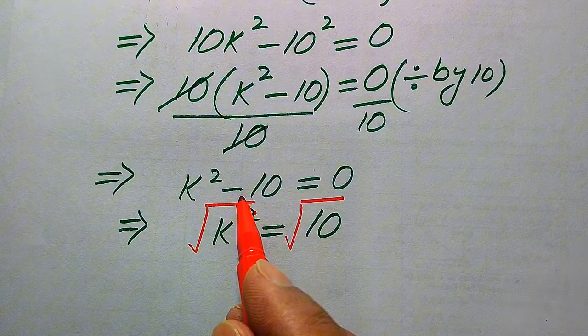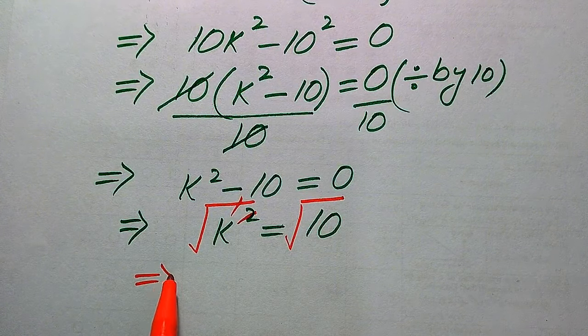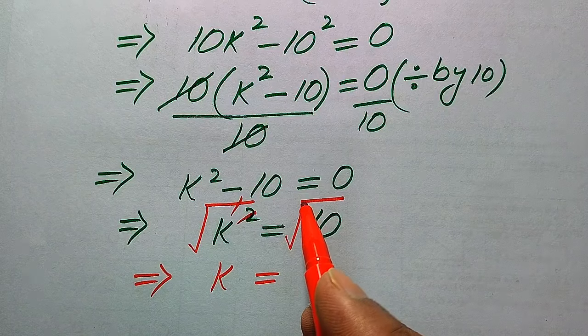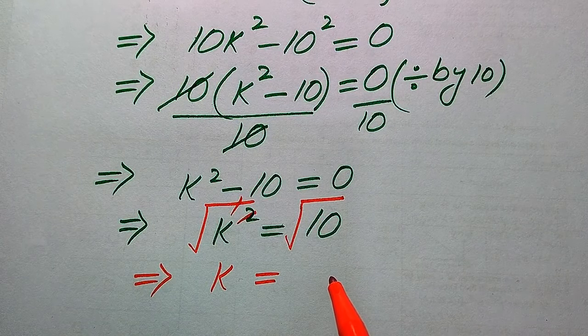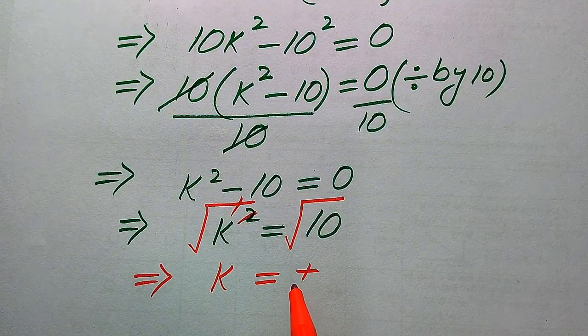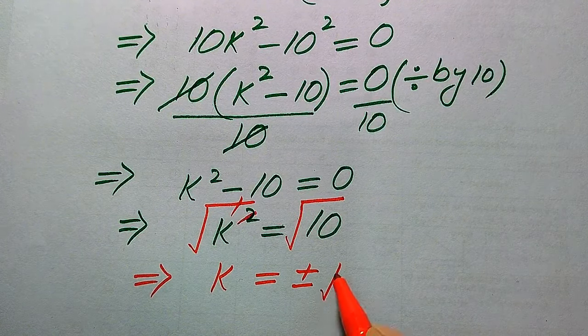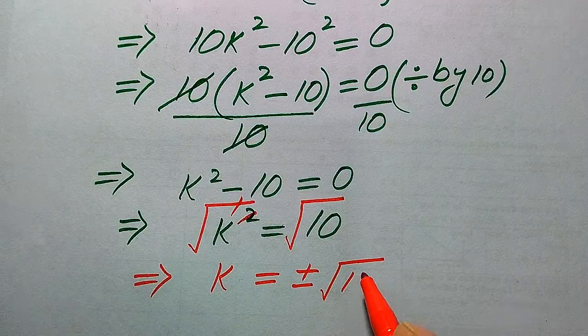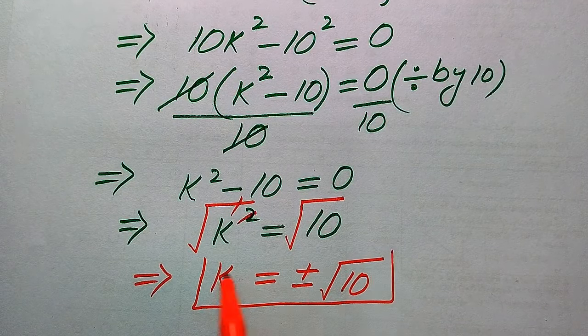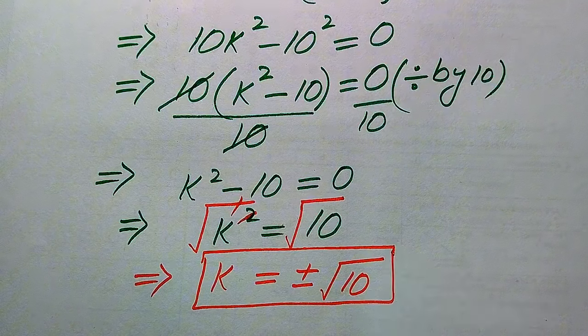You see that the 2 and the square root cancel each other, and we get k equals the square root of 10. We know that when we apply the square root on both of the sides, we write a plus minus sign on any one of the sides. So this is plus minus the square root of 10. These are the two real roots of the given equation which we get in this method.